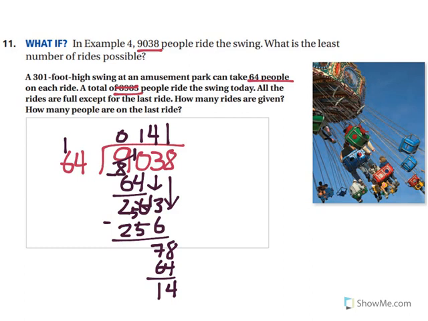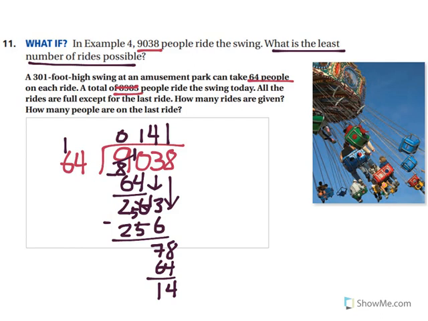So I have 14 here. In this case, you're asked what is the least number of rides possible. It's not asking you how many people are on the last ride, so just the least number of rides possible. Well, we have the 141 where it's filled, and we have the one that has 14 people on it.